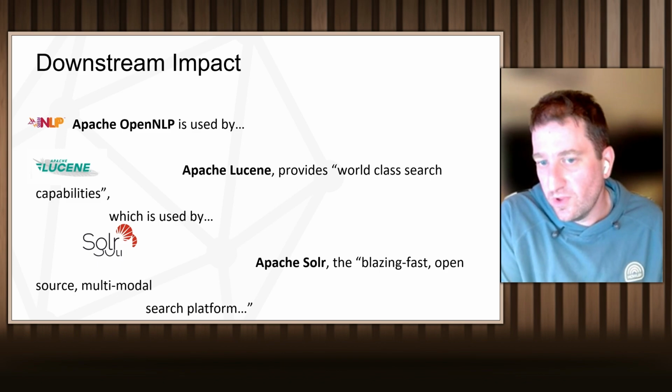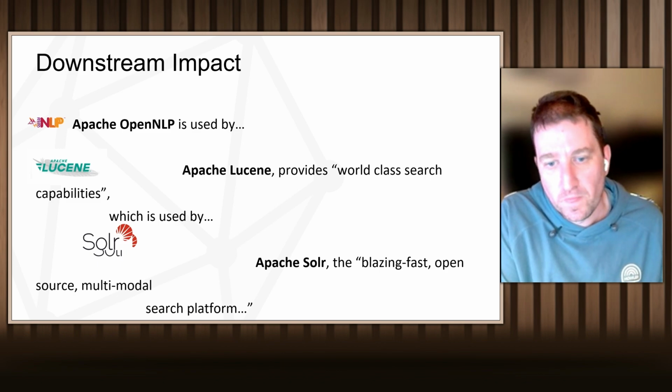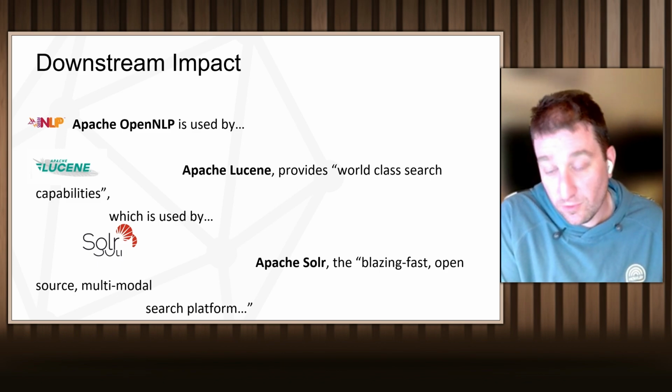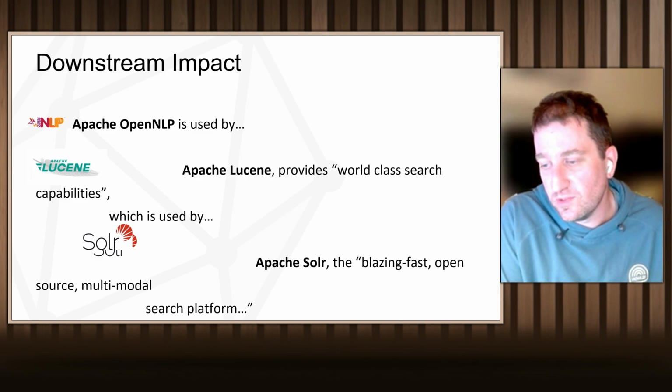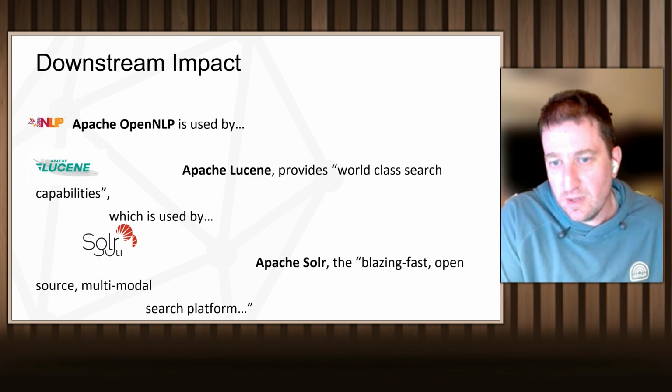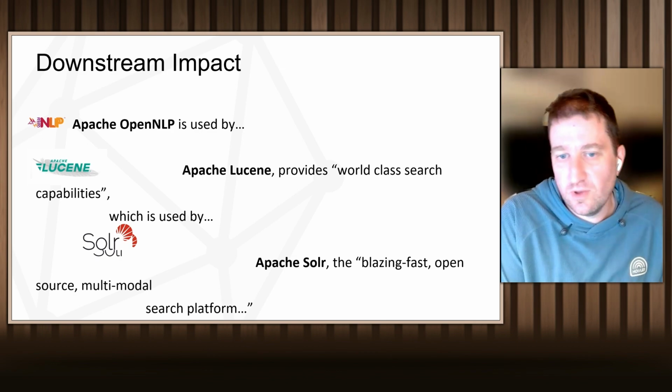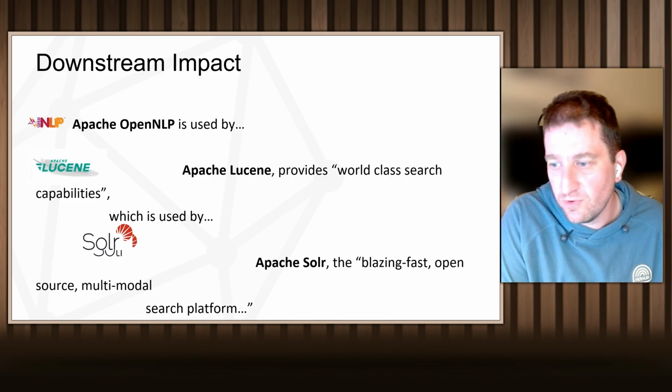And Solr builds on top of Lucene. So by getting this functionality into OpenNLP, getting the pull request to update OpenNLP in Lucene, and then getting a pull request in Solr to be able to use the functionality from Lucene, we can now use ONNX models in our searches in Apache Solr.